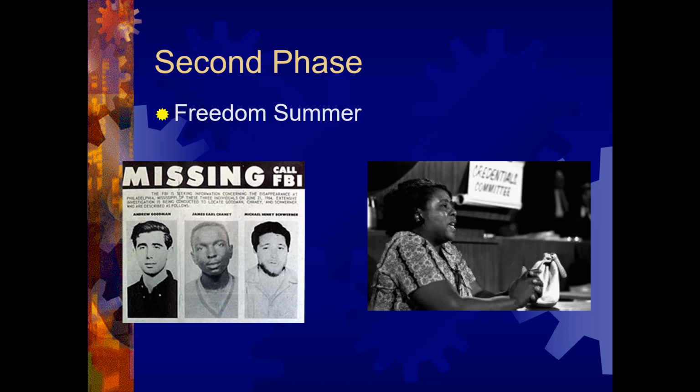So there were lots of problems that she encountered and others did as well. Basically what Hamer was saying was that the MFDP was the legitimate party because they didn't lock people out. Anyone who wanted to register for the MFDP could, and the regular party was not legitimate because it left people out.